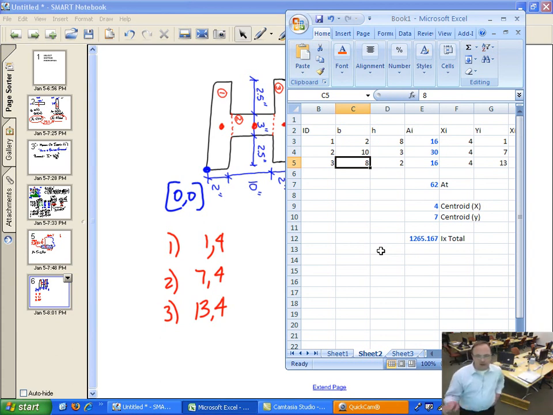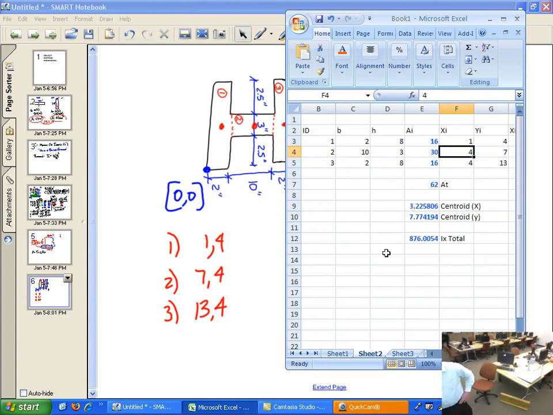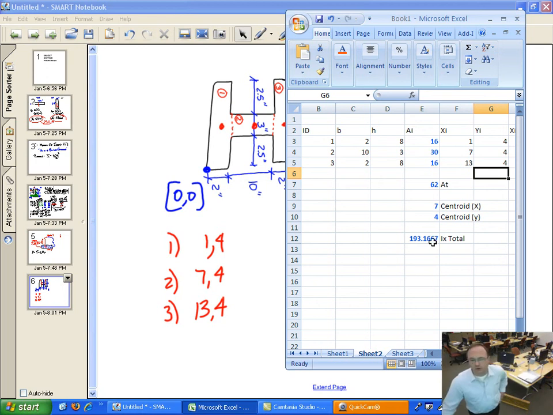Section 3 has a base of 2 and a height of 8. My x1 is going to be 1. My y is 4. This is 7, 4, 13, 4. What happened? Look at our Ix value total.